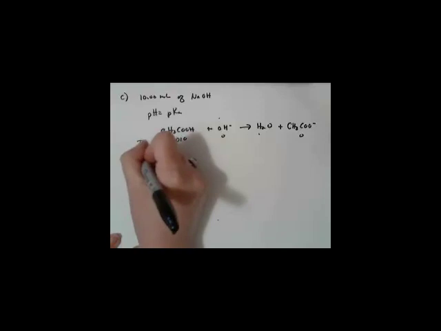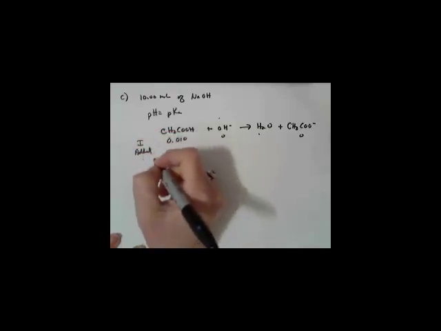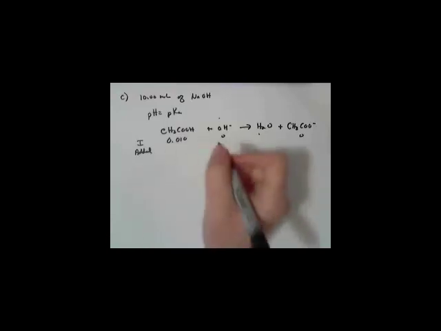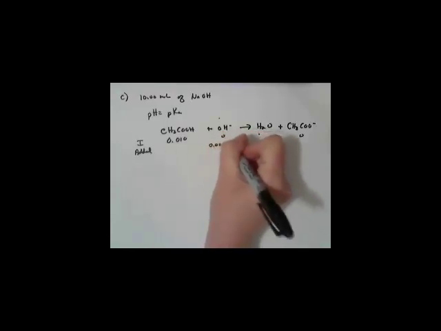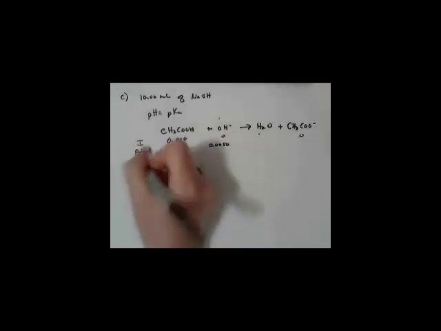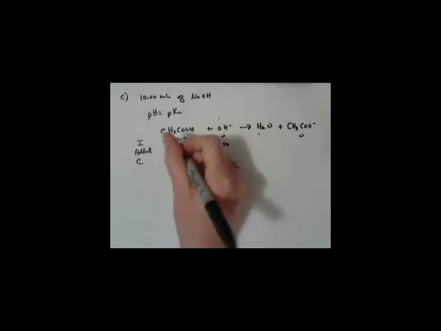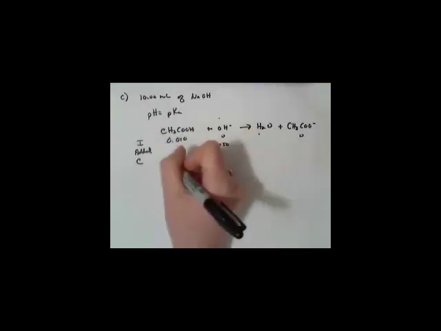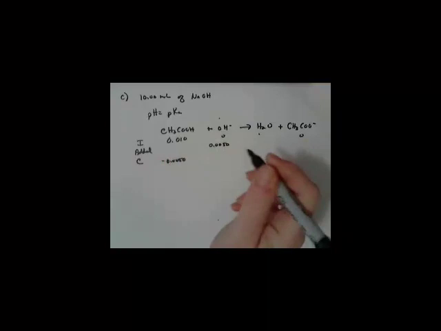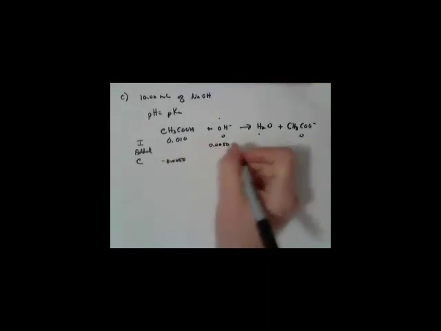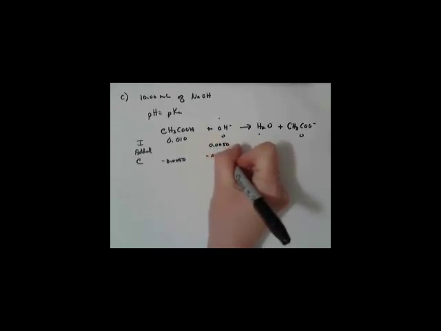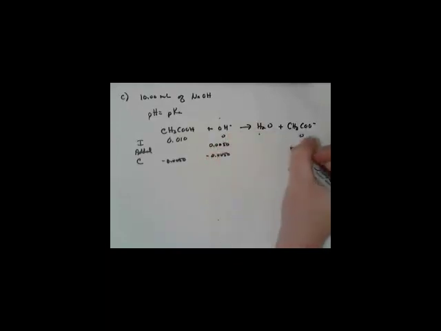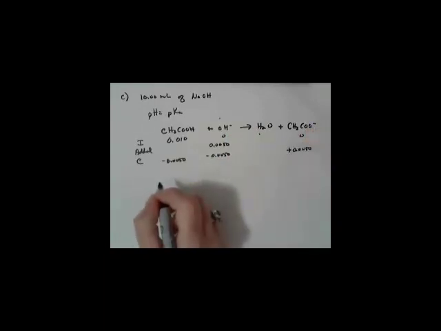So I have now added 10 milliliters of hydroxide ion, so that's going to be 0.005 moles of hydroxide ion. And then our changes, the 0.005 moles of hydroxide ion is going to consume 0.005 moles of acetic acid, and of course all of this is going to be consumed, and then we're going to end up with 0.005 moles of acetate ion in the solution.